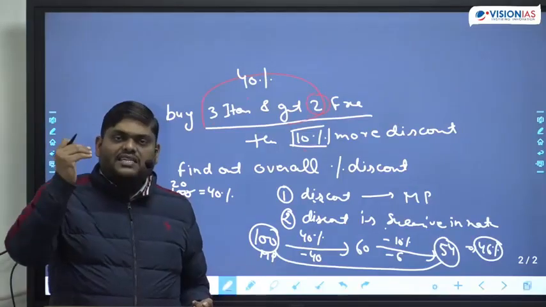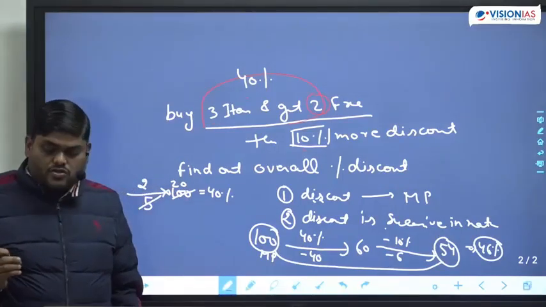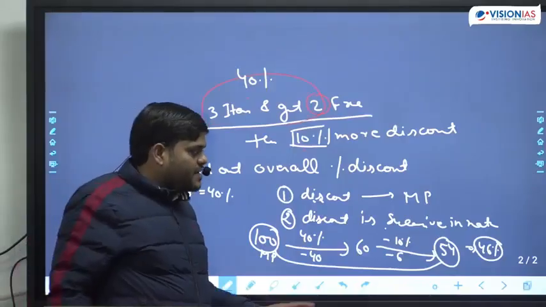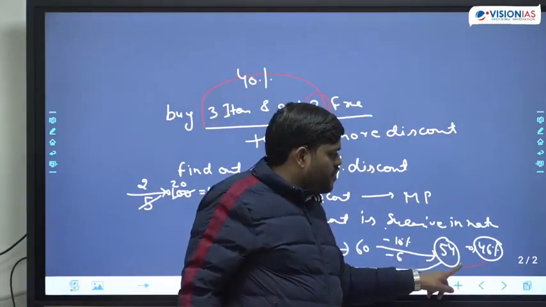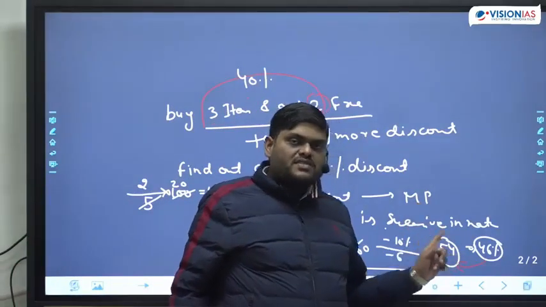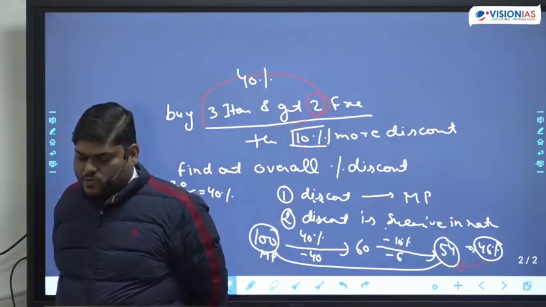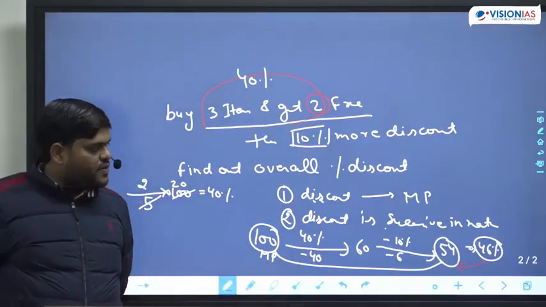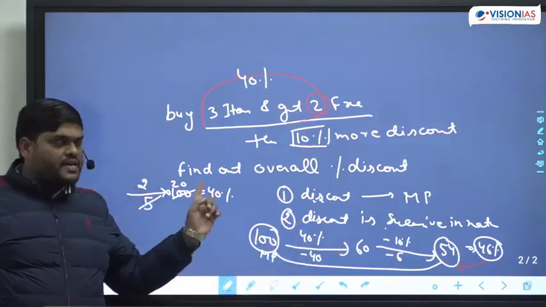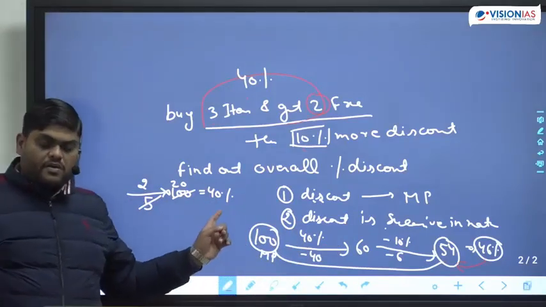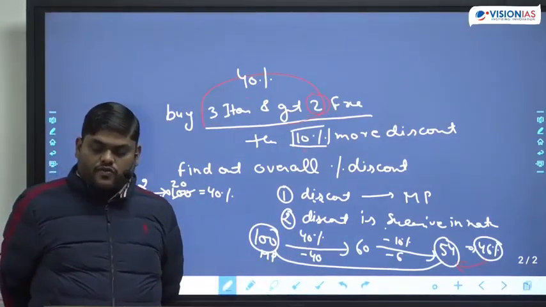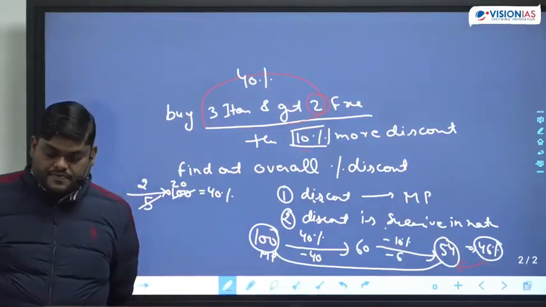Always remember the answer will be 46, not 54. Many students make mistakes here. Both options will be present in the examination and you will mark the wrong option.